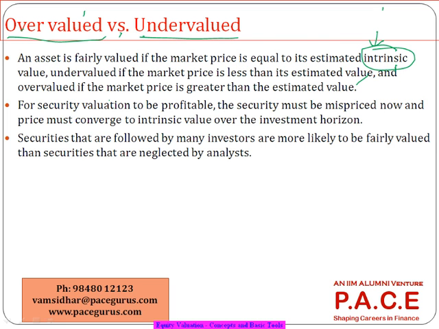So we may say that that particular asset is undervalued, and probably we can go for a buy decision. Whereas whenever the market price is greater than the intrinsic value, we call it overpriced, and it is better not to buy, or probably sell off the asset. That is where we use the word mispricing.